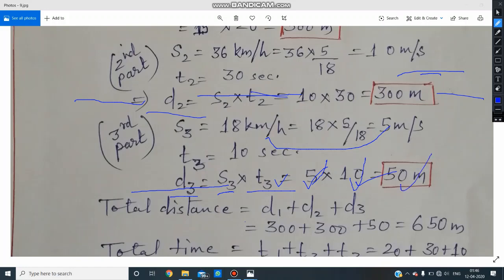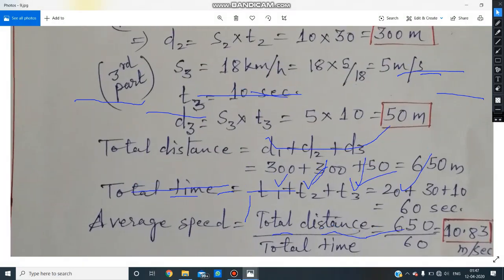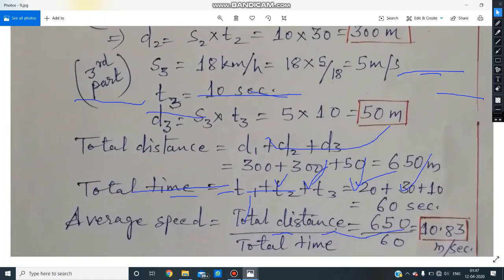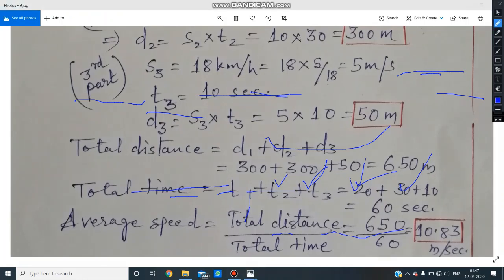Now for total distance, you just have to add the 3 sections, that is 300 plus 300 and 50, which results into 650 meter. Similarly, for total time, you can add all the 3 time intervals, which is 20 plus 30 plus 10, finally resulting into 60 seconds.